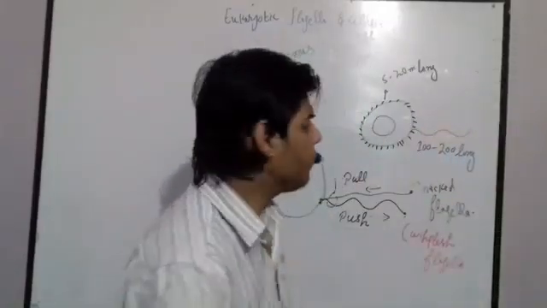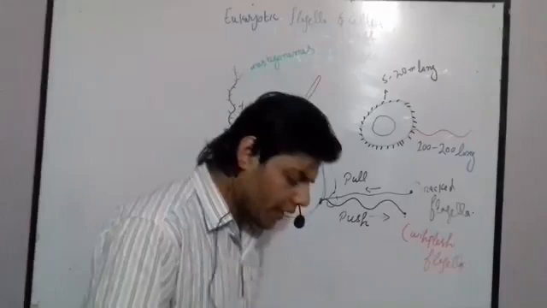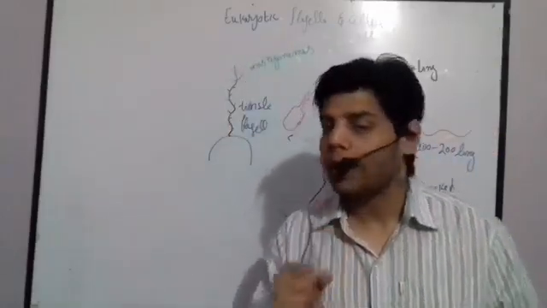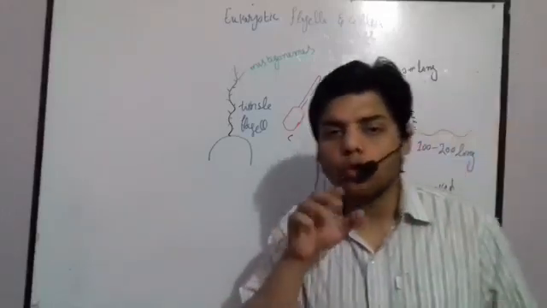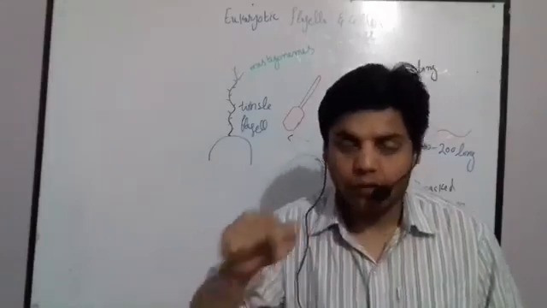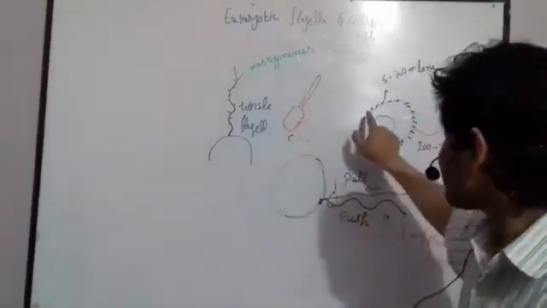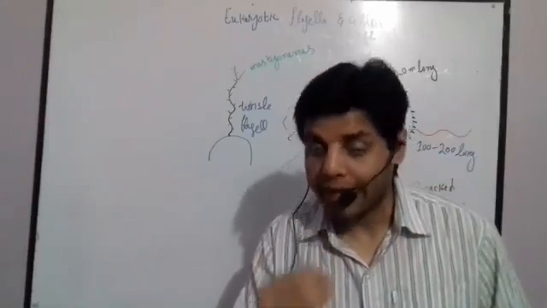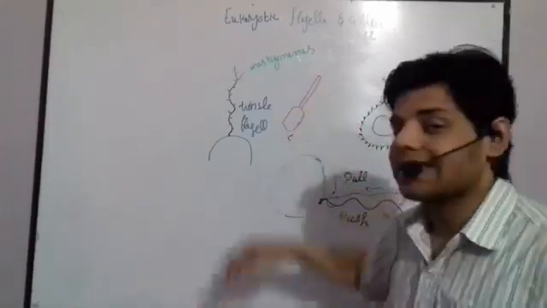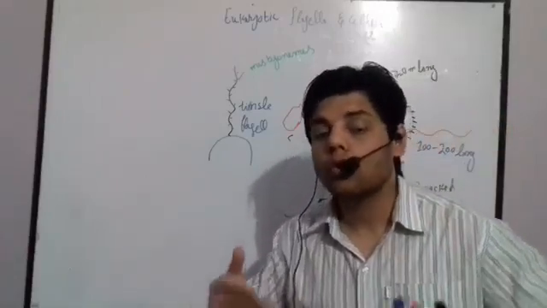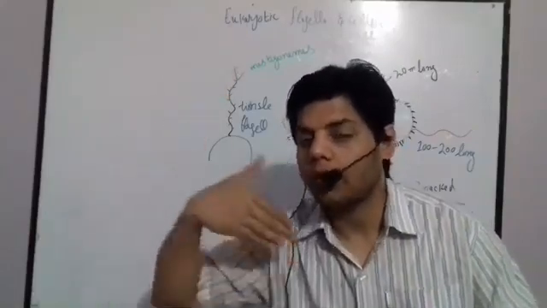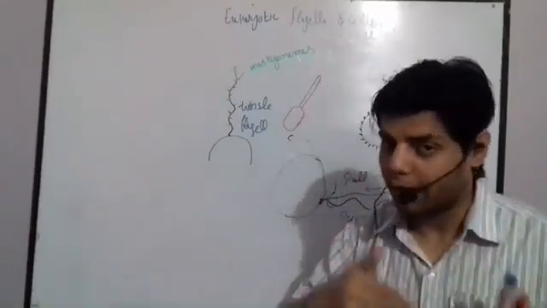On the other hand, if we discuss the cilia, as I told you, cilia act as a propeller. Cilia function inside the fluid or inside the water. It's just like in a boat, where oars are used to propel it, and due to the oars the boat moves in a forward or backward direction.